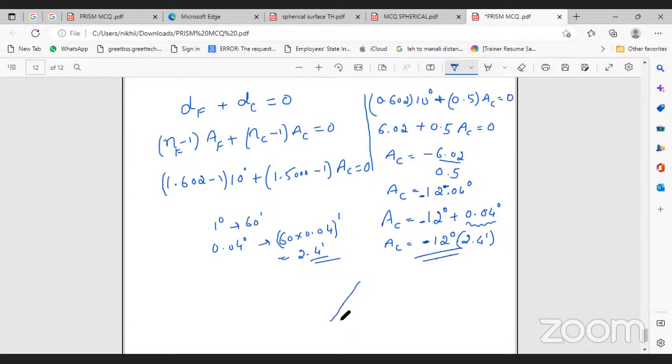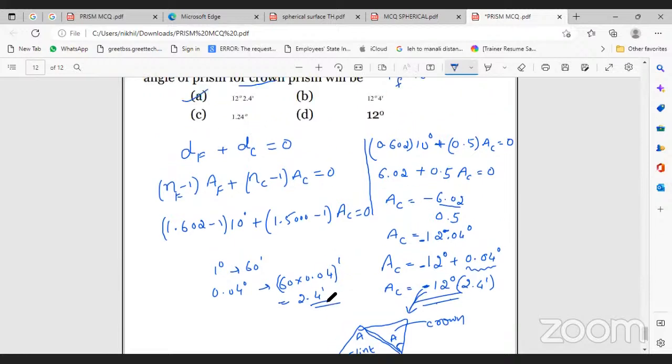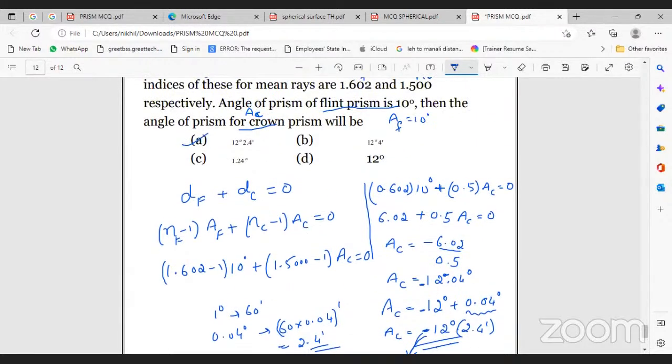So if this is the flint glass prism with angle A, this should be the angle of the crown glass prism. So the angle of the prism should be reversed. That is the meaning of this negative sign. So what is the angle of the crown glass finally? 12 degrees 2.4 minutes. So which is the right option? Option A.